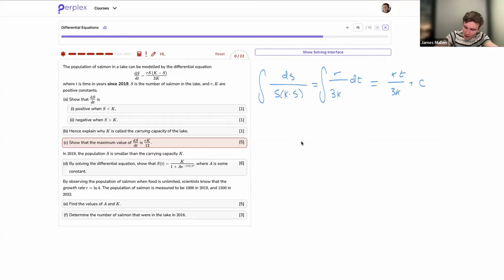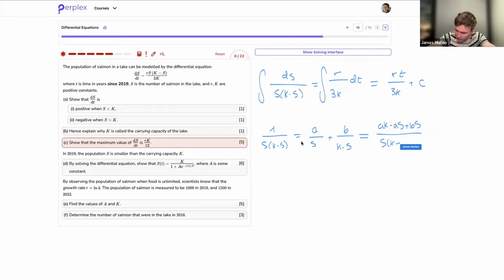So I'm going to say that 1 over (sk minus s) is equal to a over s plus b over (k minus s). This a, small a, is not to be confused with this big A that we'll get to in a minute. Now, if I were to put those over a common denominator, I would have (ak minus as plus bs), all divided by (sk minus s).